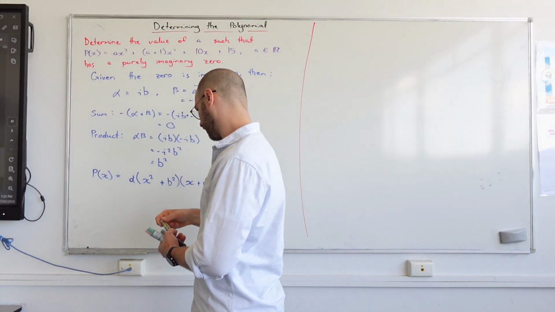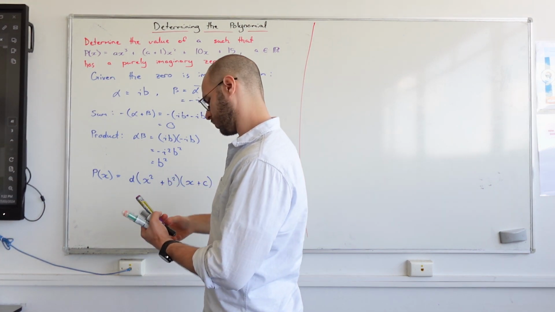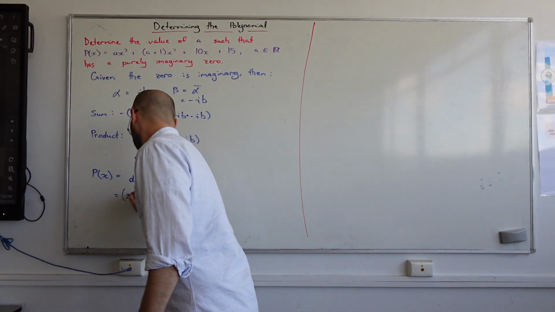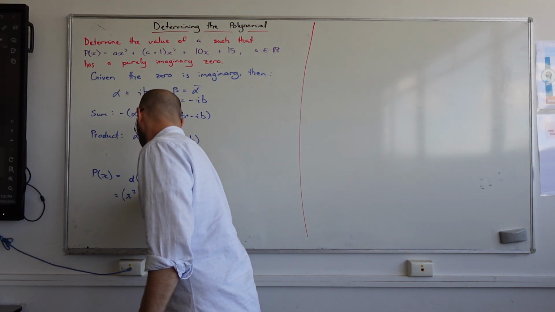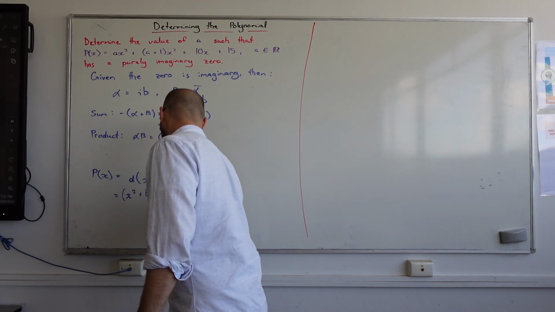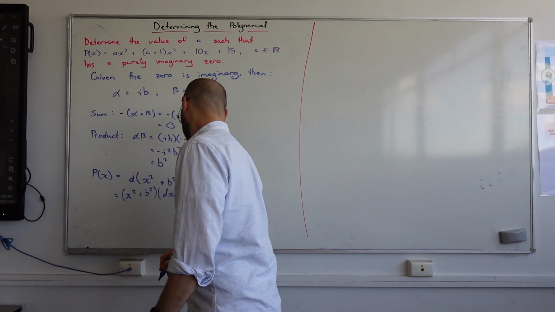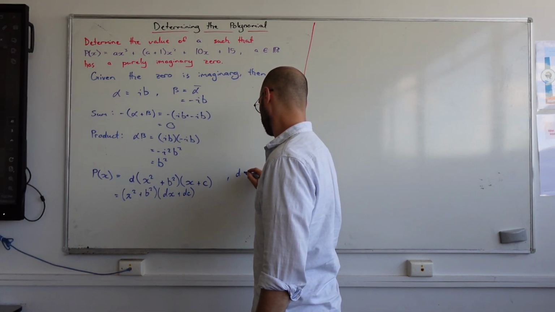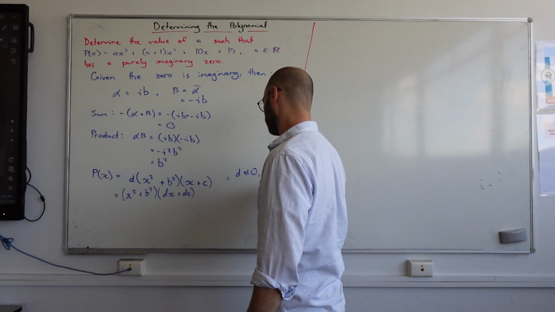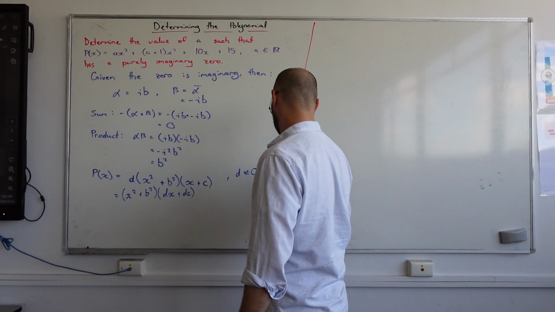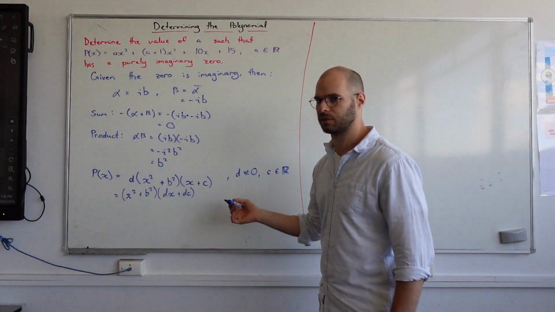So let's bring d into this. It's going to be x squared plus b squared, dx plus dc. And of course, d in this instance is a non-zero value, and c is just some real value. It's got to be real.